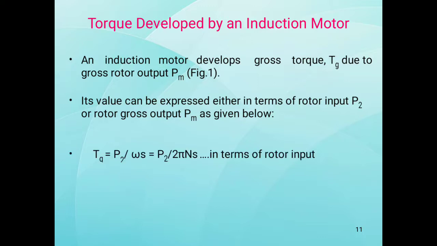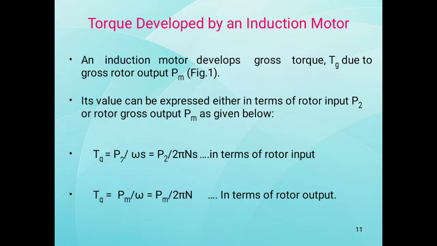Now the torque Tg is equal to P2 by Ws, that is equal to P2 by 2 pi Ns. This is in terms of the rotor input. Now the torque in terms of rotor output is Pm by 2 pi N.